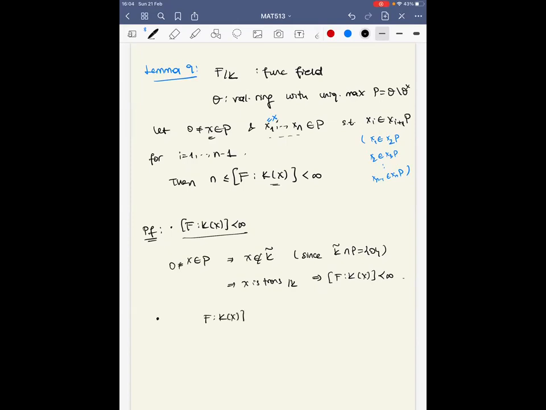And the vector space dimension of F over K(x) is bounded by n, and to see that, it's enough to prove that the elements in this sequence x1 up to xn are linearly independent over K(x). Then we can say that this extension degree is bounded by n.